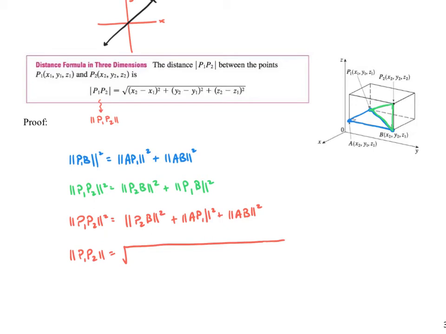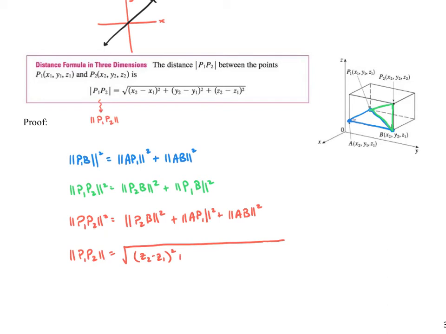However, the x value and the y value are identical in both. So really, the distance between P2 and B is simply Z2 minus Z1. So we have Z2 minus Z1, and we're squaring that.